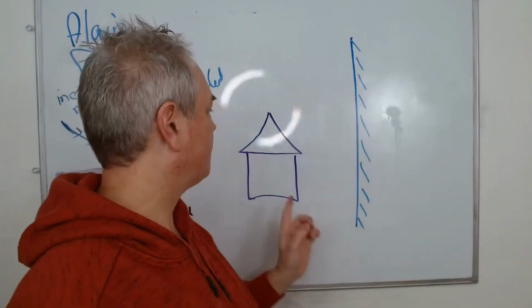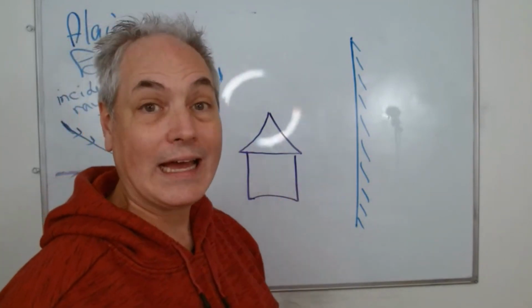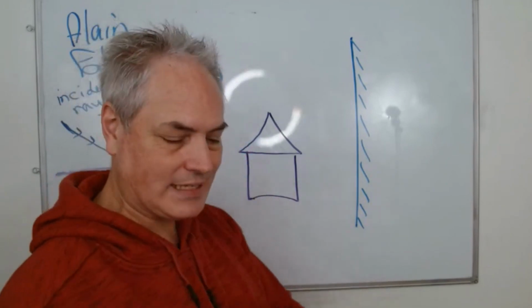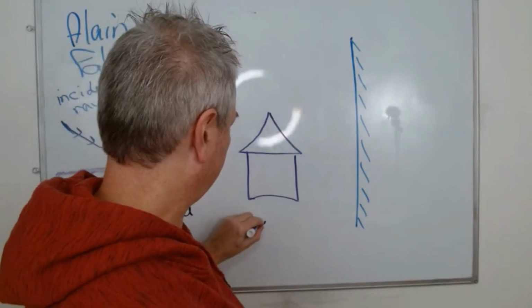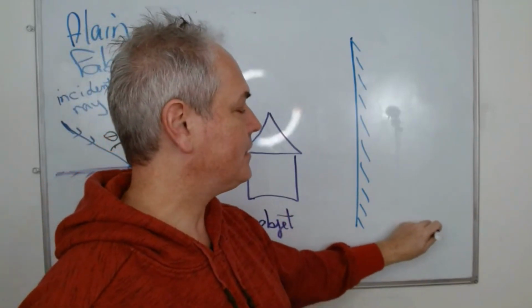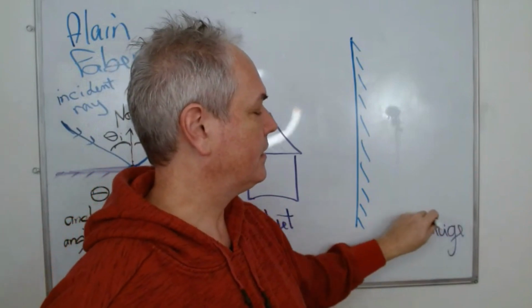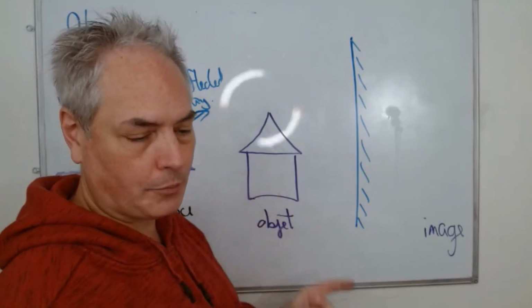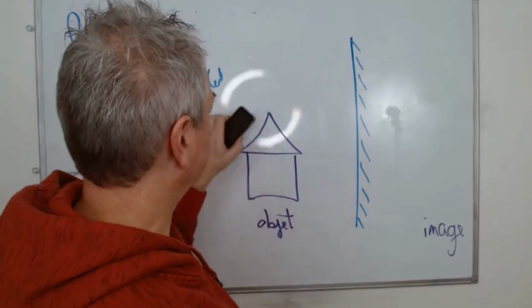What I want to do is figure out where the image of the house is. So here, this is the object, and this is an image that will be behind the mirror. Now, I'm not going to do all the points here.